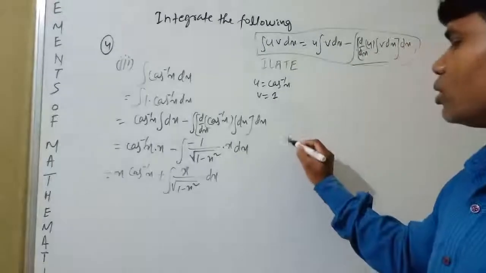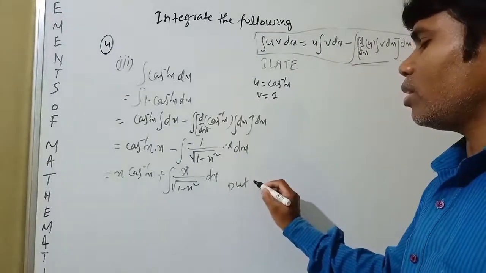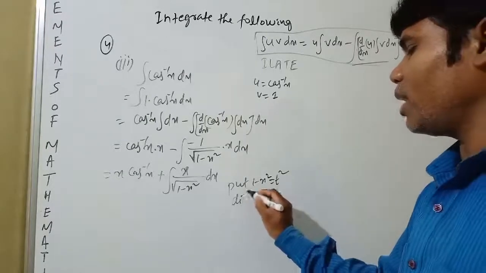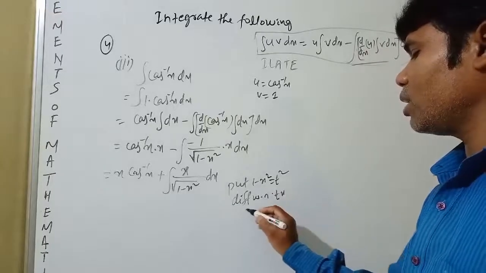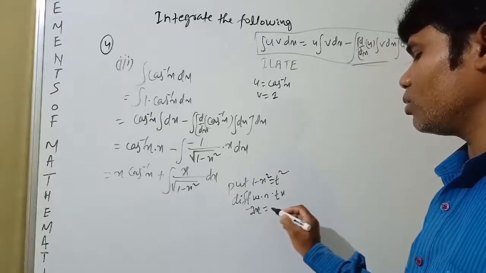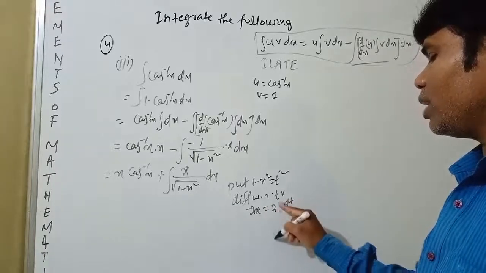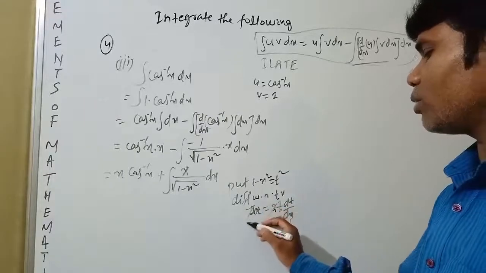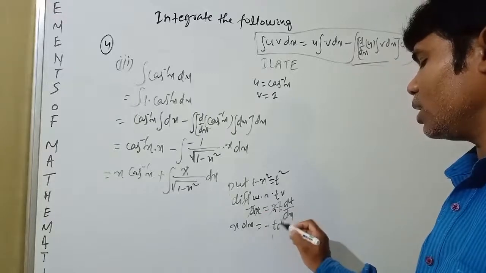Now you put 1 minus x square is equal to t square. Differentiate with respect to x: minus 2x is equal to 2t dt by dx. The 2 will cancel out, so x dx is equal to minus t dt.